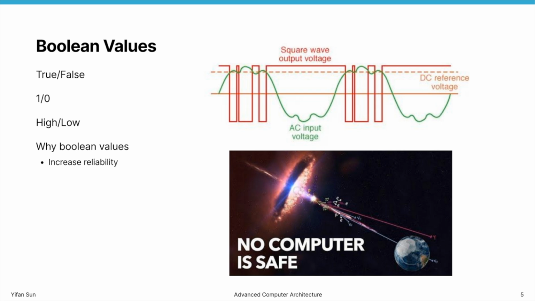Of course, you can design a computer that doesn't work in Boolean values. You can have 0, 1, 2, 3 numbers. Say 0 to 1 volt is 0, 1 to 2 volt is 1, and above 2 volt is 2.